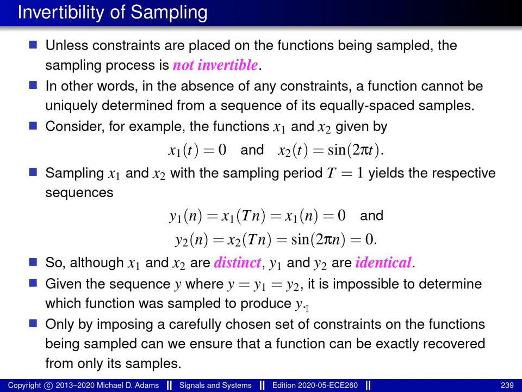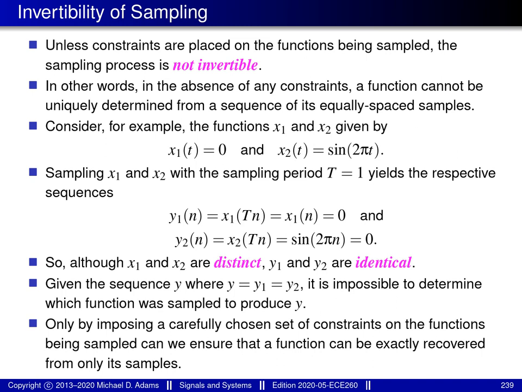So essentially we have this ambiguity that we don't know whether we sampled the function x1 or x2 or possibly some other function. And it's precisely this kind of problem that leads to sampling not being invertible. As it turns out, the only way that we can ensure that a function can always be unambiguously determined from its samples is to constrain the functions being sampled in some way.